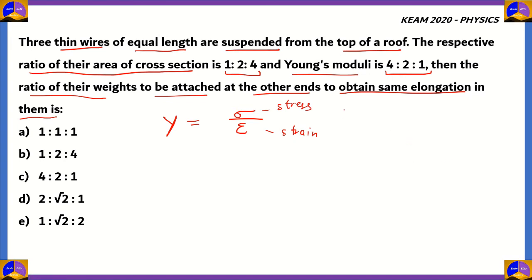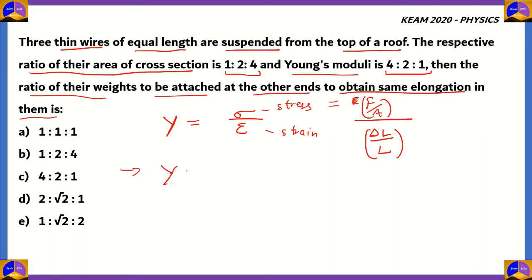Now, stress, that is sigma, can be written as F divided by A, and strain is delta L, that is the elongation of the wire, divided by L, which was the earlier length of that wire. So F by A divided by delta L by L is the Young's modulus.